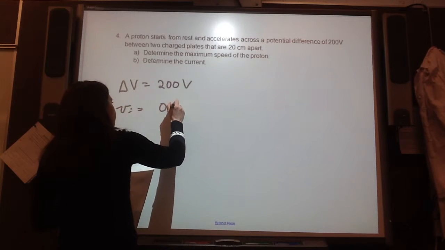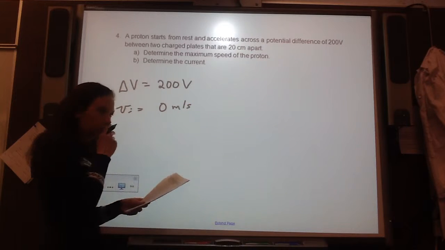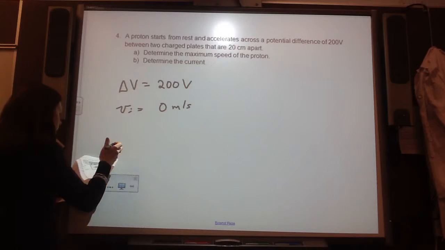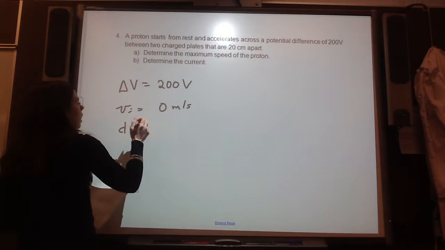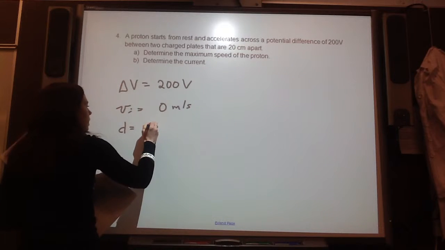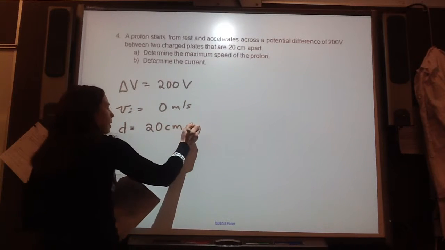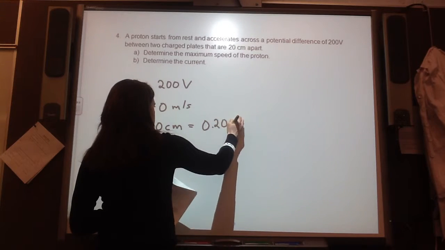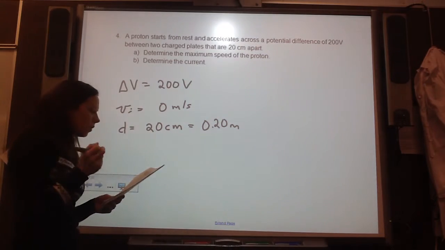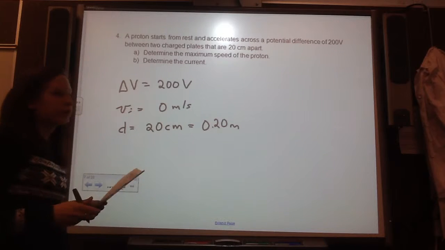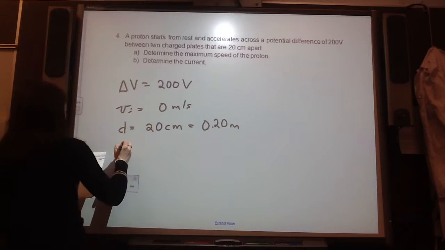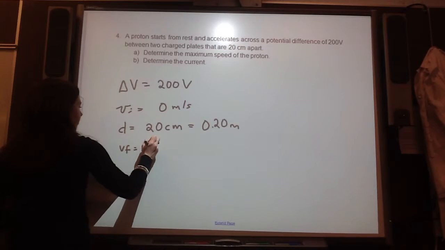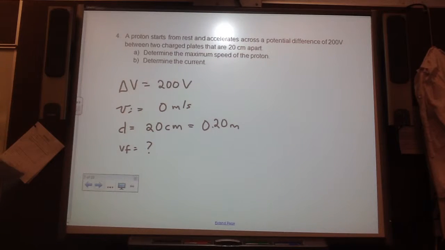Vi is 0 meters per second because it's starting from rest. My distance between the charged plates is 20 centimeters, which is 0.20 meters. We move it over 2 decimal places, or divide by 100. And I'm looking for Vf.